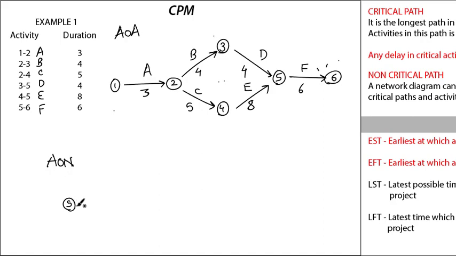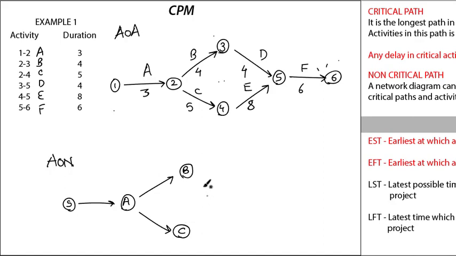Okay, so having the same concept like AOA, this will be S, which will lead to first activity A. Okay, so from A there are 2 activities bursting out, that is B and C. So this is B and this activity is C.